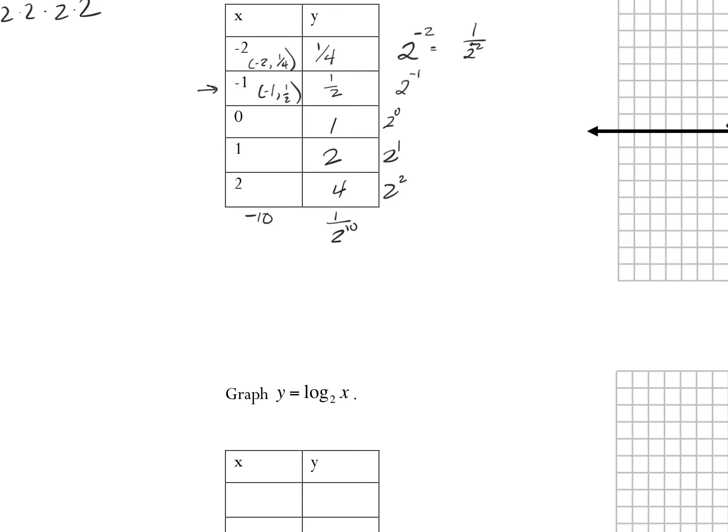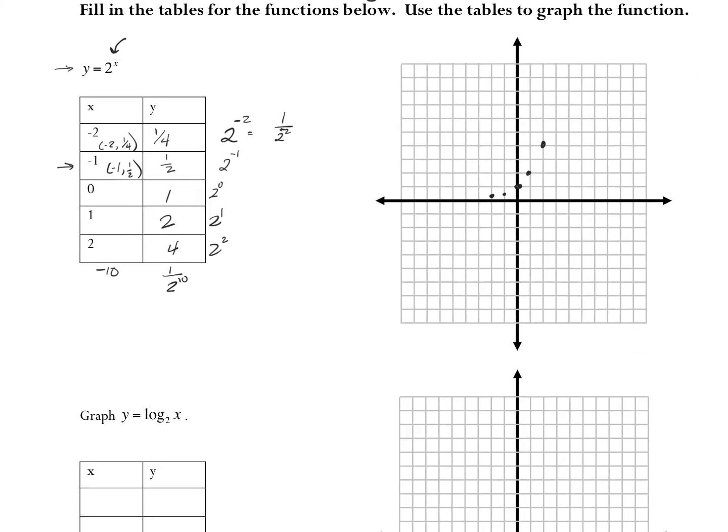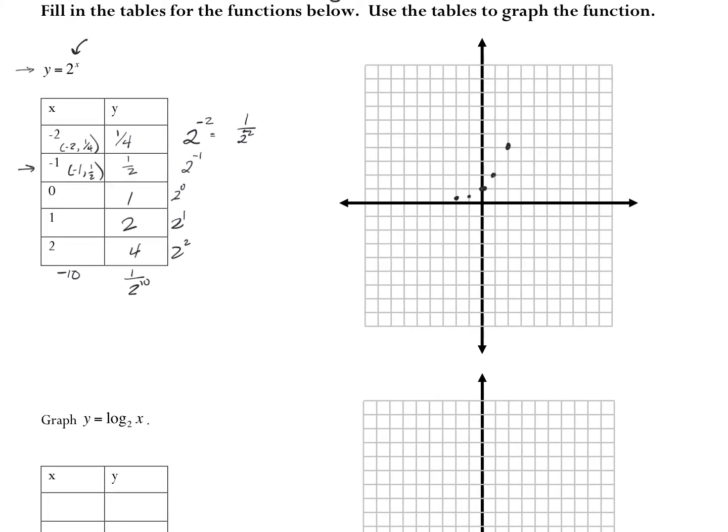So will it ever equal 0? No. And so what happens is we have this horizontal asymptote. The reason I'm pointing this out, y'all, is I will get irritated and take points off if you draw a graph that does cross the x-axis. Is this okay?